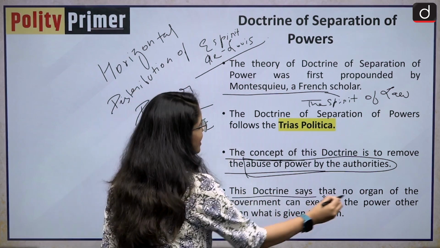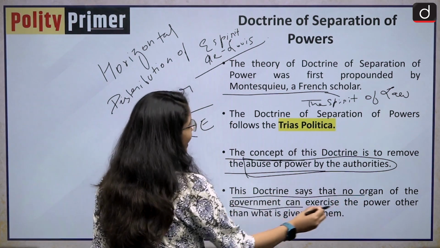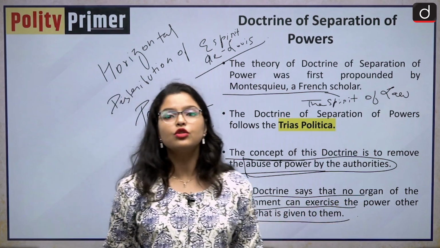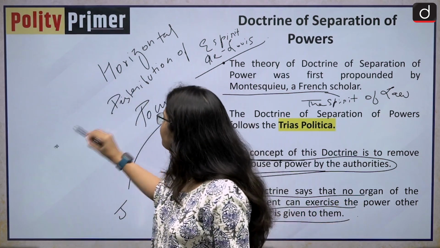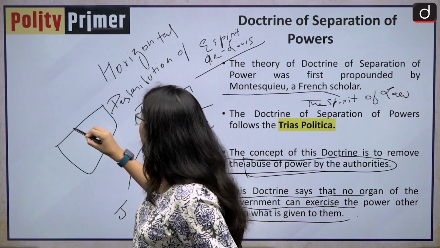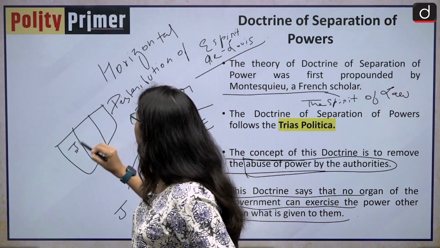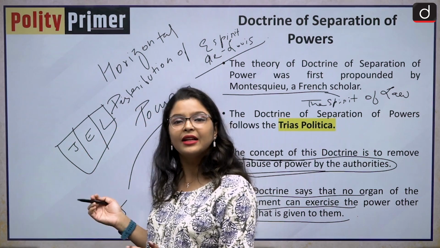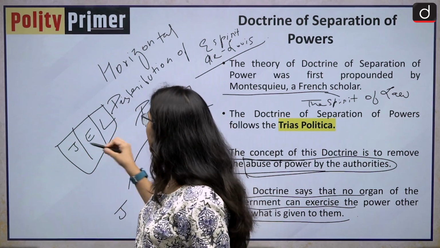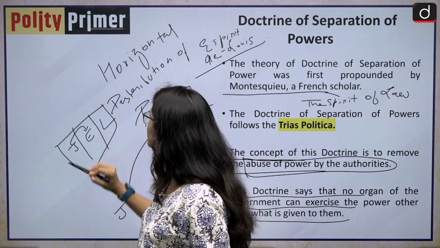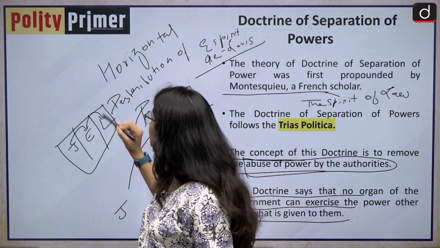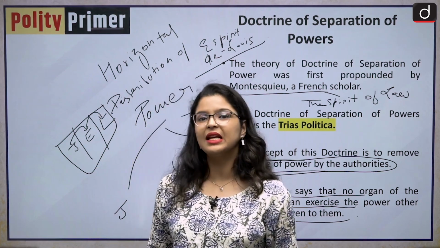This doctrine says that no organ of the government can exercise the power other than what is given to it. It is talking about watertight compartments, that is, judiciary, executive and legislature are in tight compartments, and the judiciary cannot encroach upon the function of the executive, and the executive cannot encroach upon the function of the legislature.